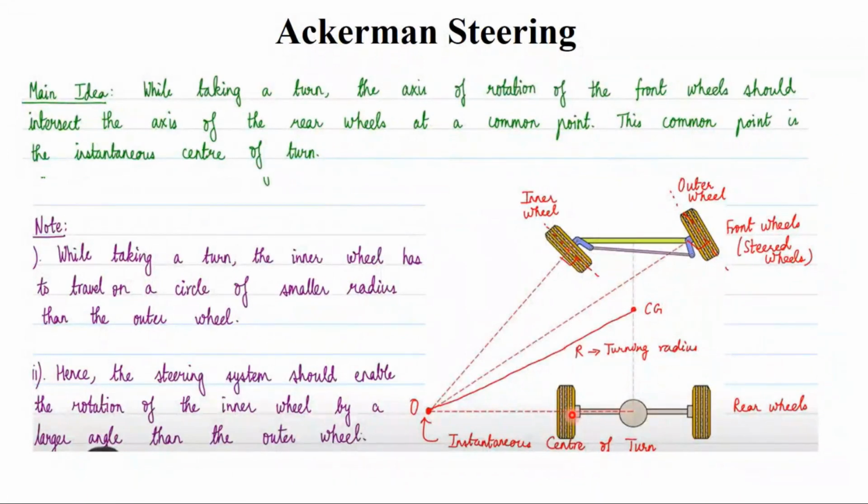The angle is lesser in the case of the outer wheel when compared to the inner wheel. Okay, that's what is mentioned here. The steering system should enable the rotation of the inner wheel by a larger angle than the outer wheel. Okay, so this is the basic of Ackermann steering mechanism. Now we are going to see it in a detailed way from this basis.